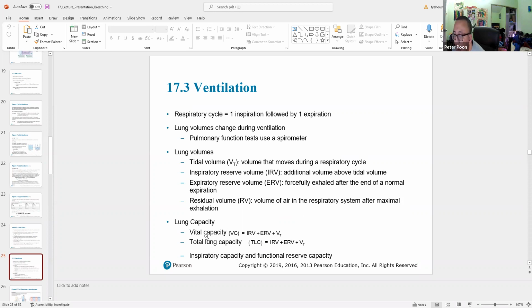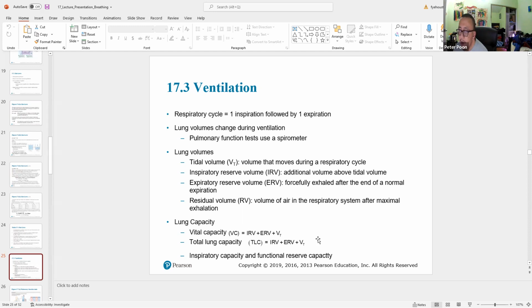So the vital capacity is going to be the inspiratory reserve volume plus expiratory reserve volume and tidal volume. This is a really important value because it tells you how well your lungs are functioning. How much gas can you exchange at maximum?